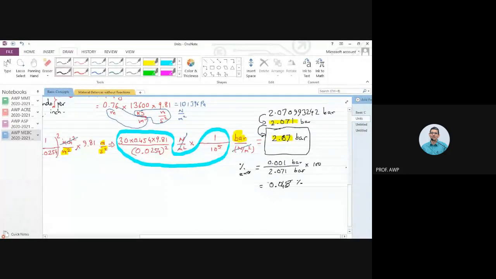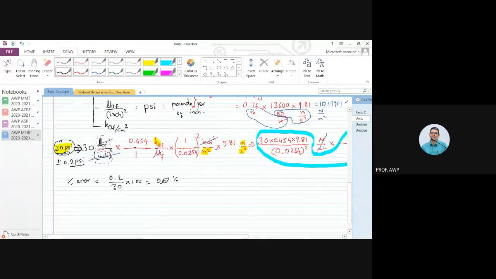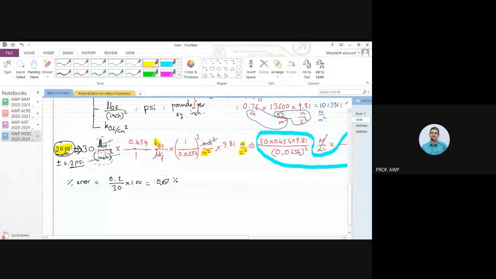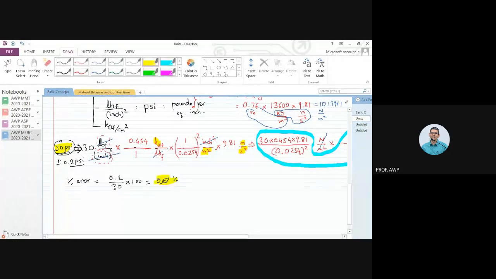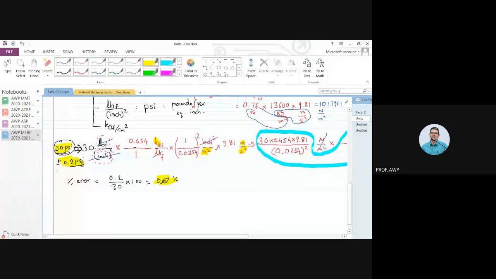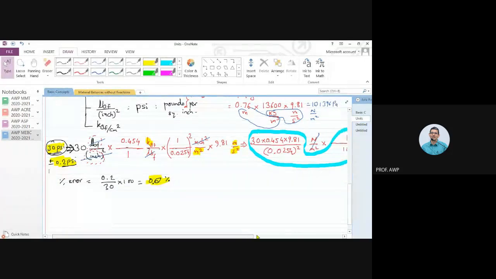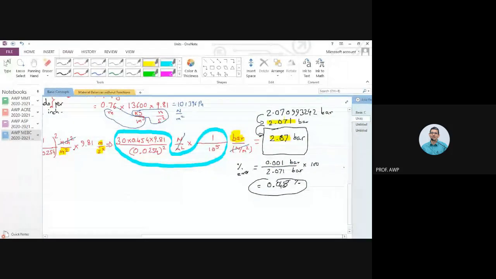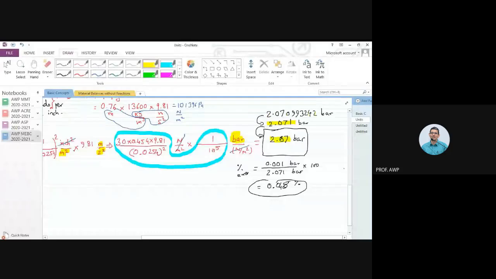So this is actually much more accurate than this number, 0.67. Why is that? Because our measurement accuracy itself is only plus or minus 0.2 psi. So there's no point in writing an answer which is like this.